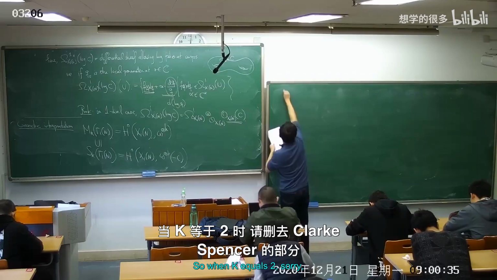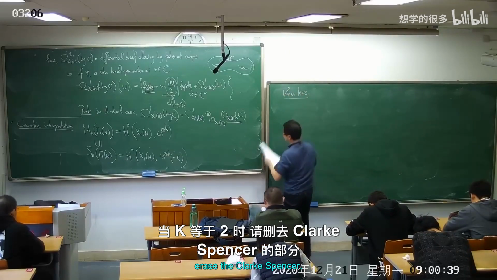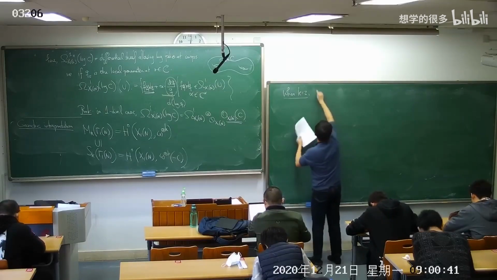So when k equals 2, this is the Kodaira-Spencer isomorphism.